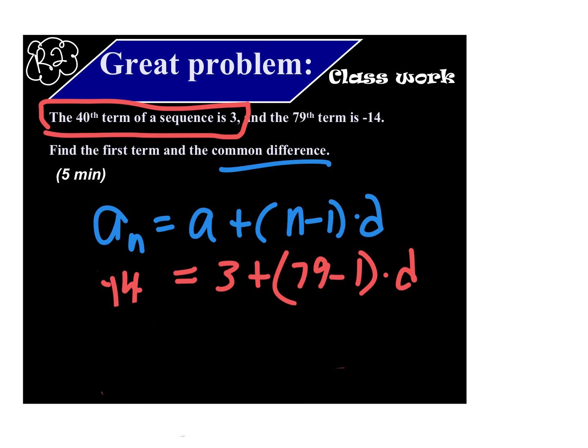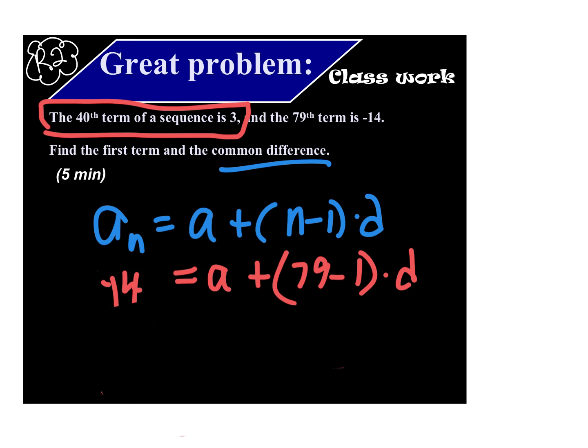Okay, so if A isn't 3, then I have to replace this with an A. And you might be like, but you can't solve it then because you got A and d in the equation. Kind of true. If you have 2 variables, you need 2 equations.